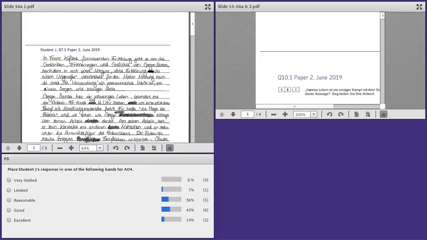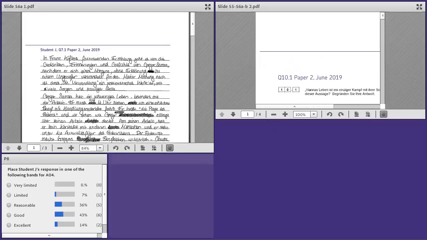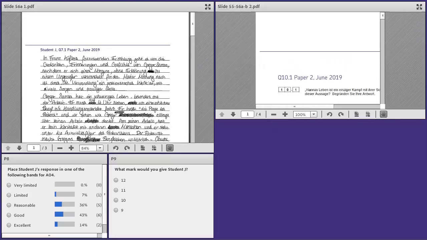So Miroslava, if you would bring up the other little poll then please. So could you now decide where you would put it within that 9 to 12 band, please? Again, just 20 seconds or so just to do that.